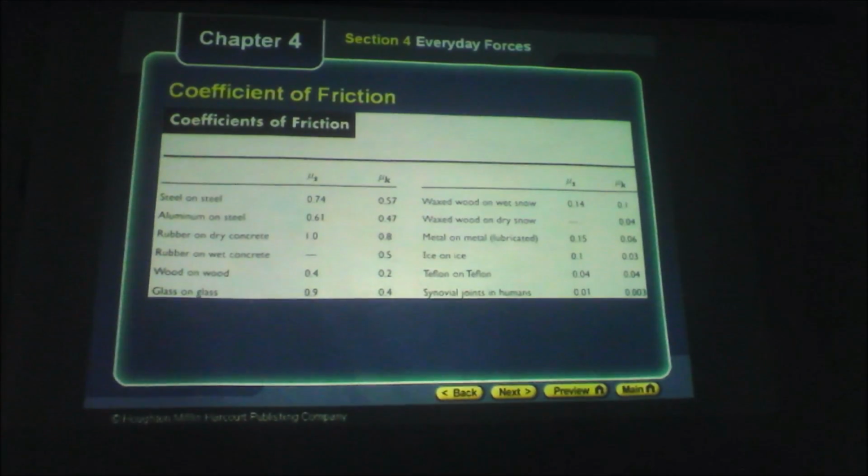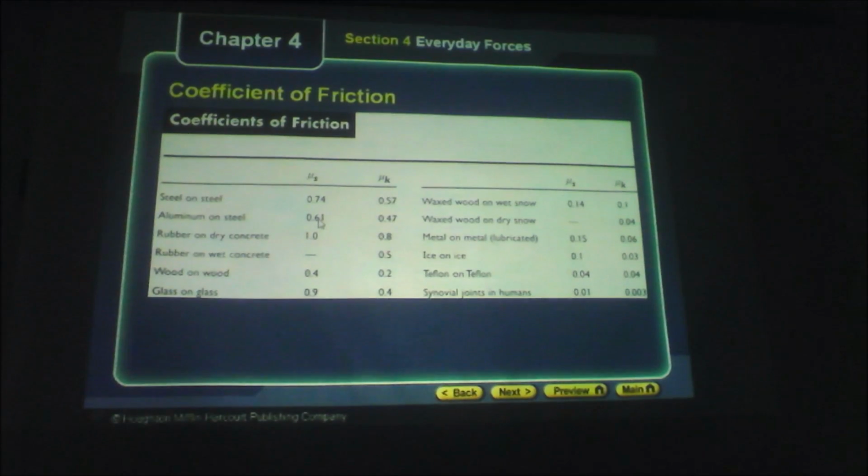So what kind of coefficients are we looking at? If we're looking at steel on steel, the maximum static friction force to get steel on steel moving is 0.74 newtons, and this coefficient of friction is 0.57. So you see that the kinetic, if one steel is moving, is much lower.